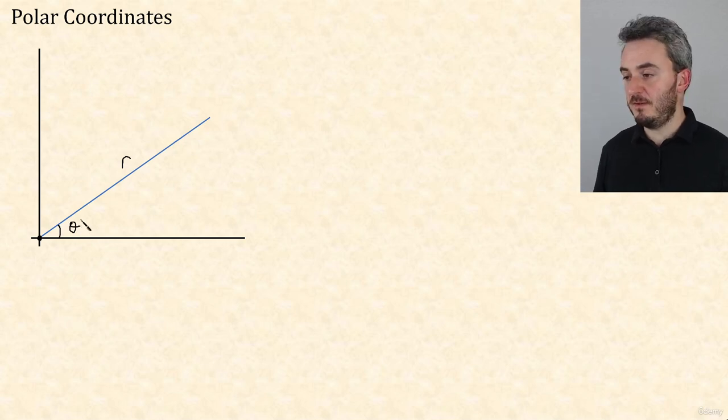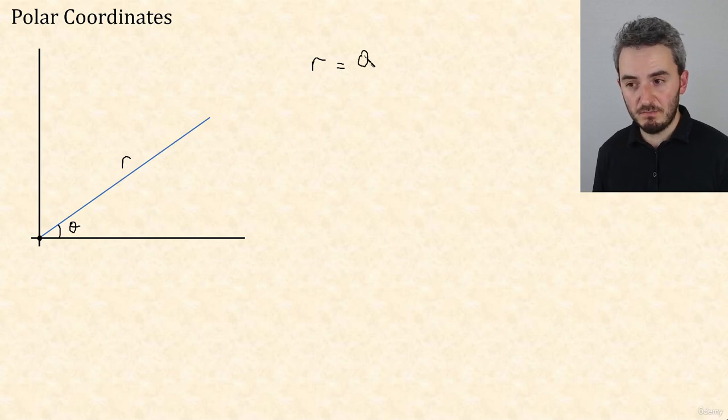And our equation gives us what r is in terms of theta. So, for instance, we could have r equals theta, which would mean at any instant the distance from the origin is the same as the angle that this line is making with the origin.